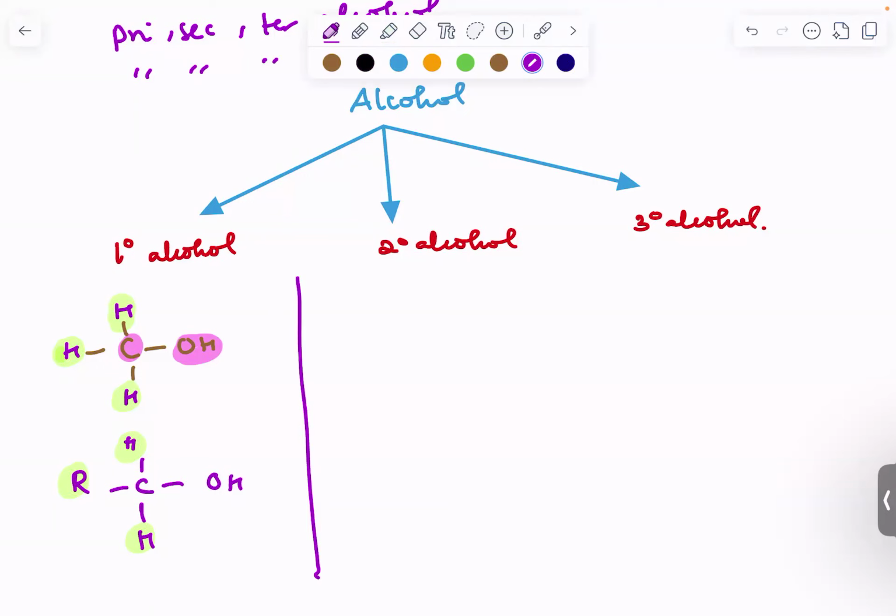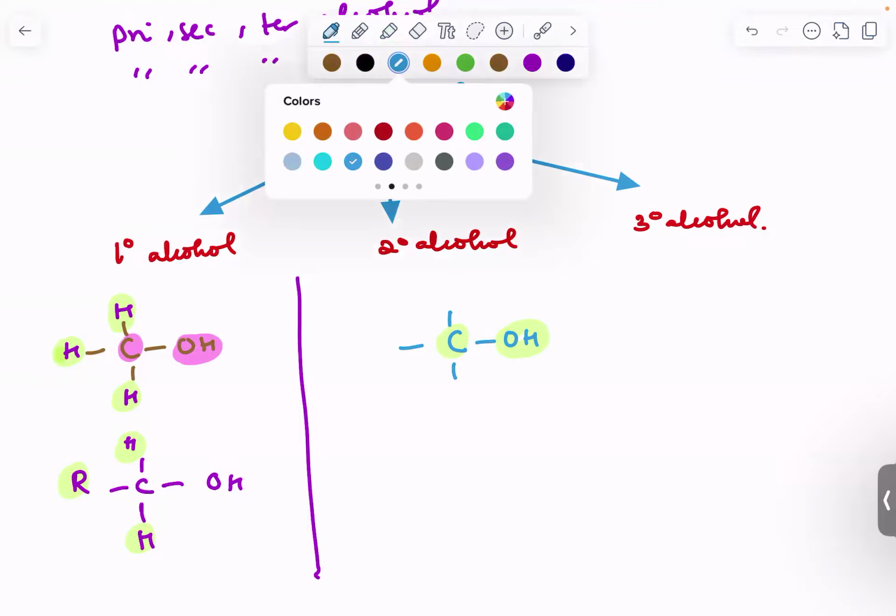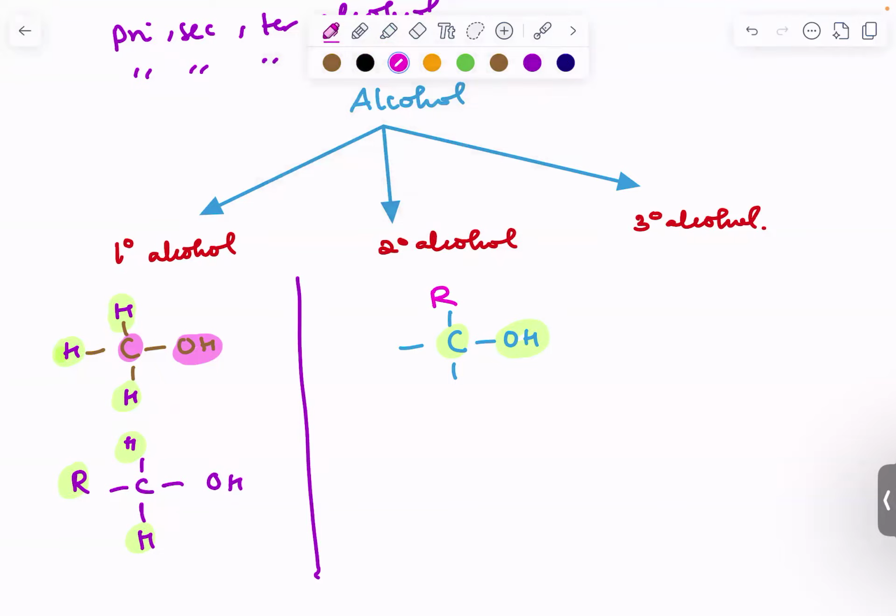But as far as secondary alcohol is concerned, I'll write the same thing, but now the OH is linked to this carbon, which in turn is linked to two R groups, and the third one is H. These R groups could be the same, or they could be R and R dash, different.